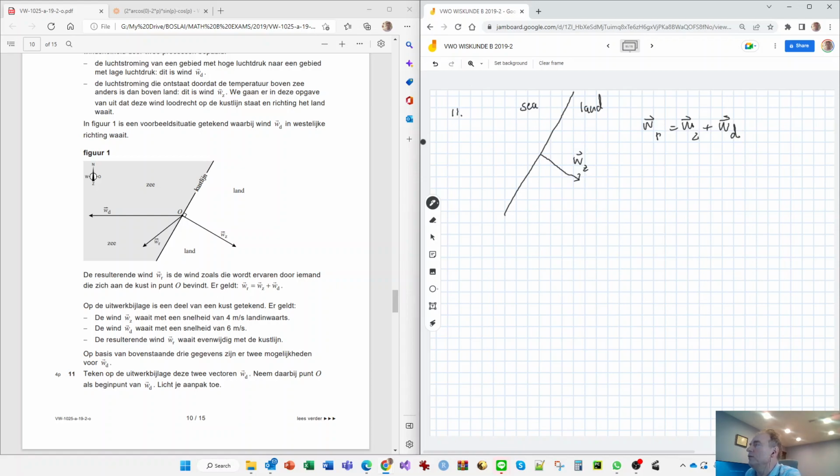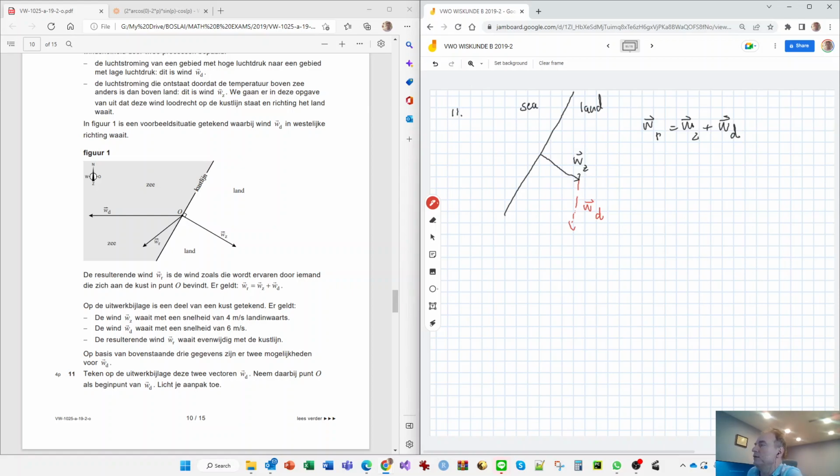So what does this exactly mean, adding the factor to WZ? Well, it means, let's put it in red, that you put the tail of the factor to the head of WZ and then have it point in a certain direction, like this. This could be WD.